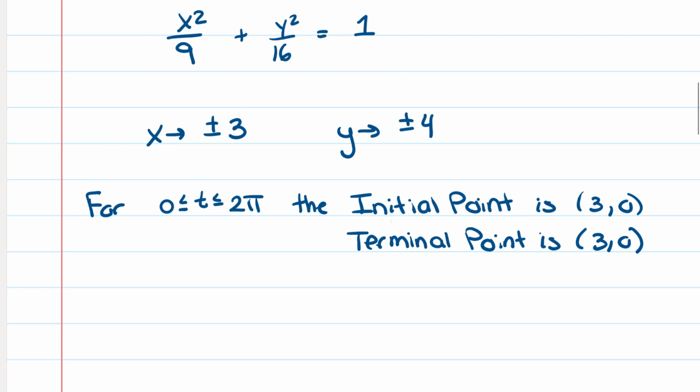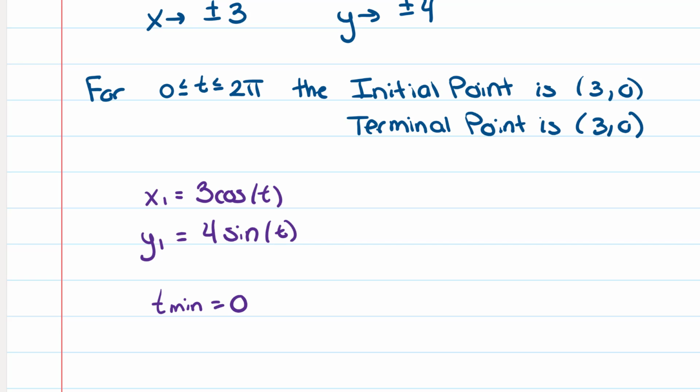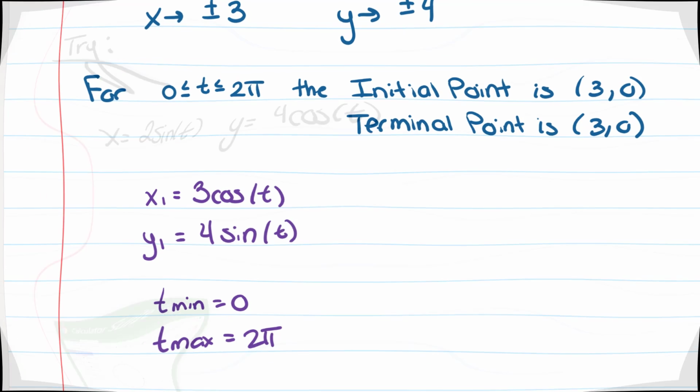And if you're going to plug this in your calculator to graph it, these are the dimensions that I recommend using. Your x1 is going to be 3 cosine of t. Your y1 is 4 sine of t. Your t min is going to be 0, and your t max is going to be 2 pi. The reason we use 2 pi is because that would be one solid revolution around.